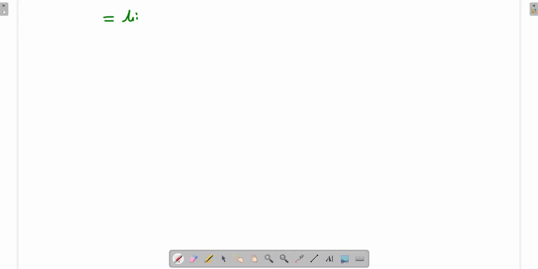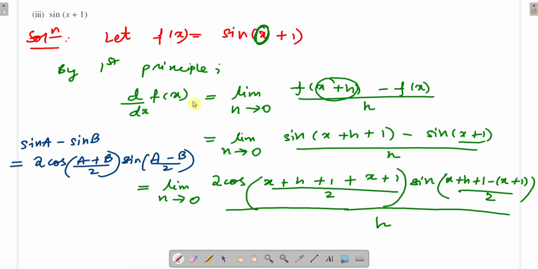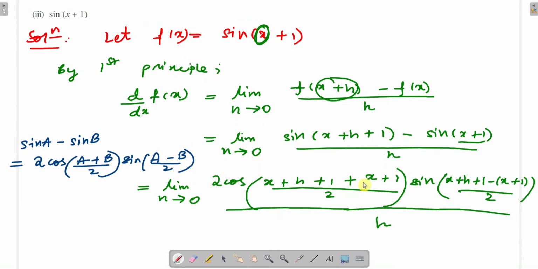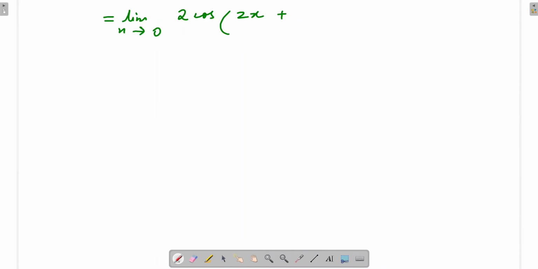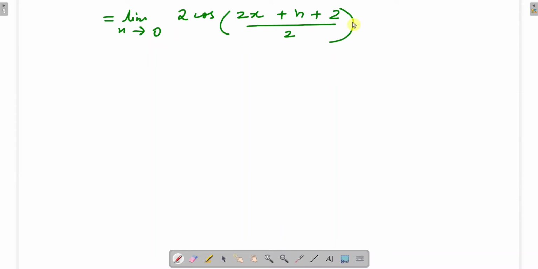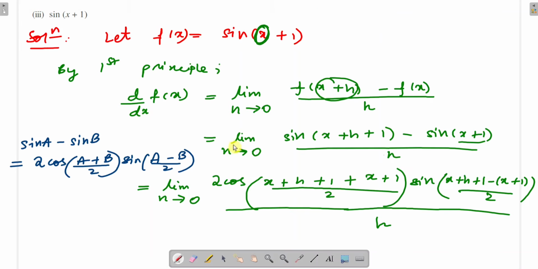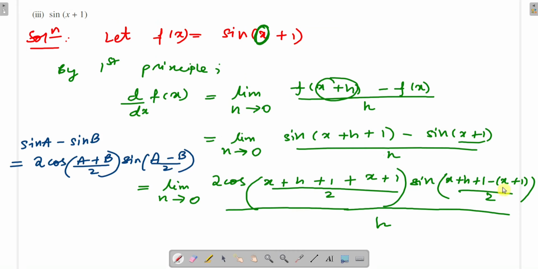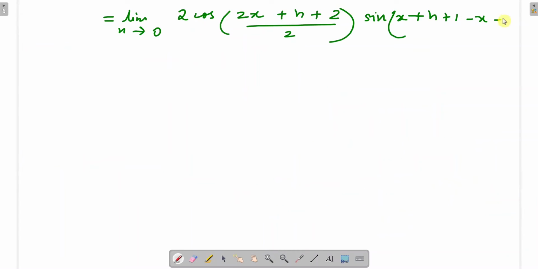So this will be equal to limit h tends to 0, and 2 times cos of x plus x is 2x, and h, plus h plus 1 plus 1 is 2, and that is divided by 2, and sine of, here we have to open the bracket, so what we will get, x plus h plus 1, and then we have minus x minus 1 when we open the bracket, this is divided by 2, and then this is whole divided by h.